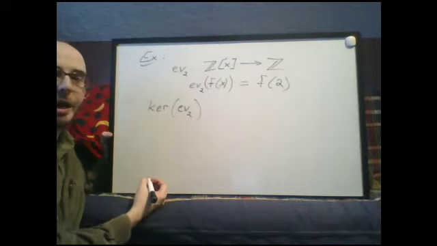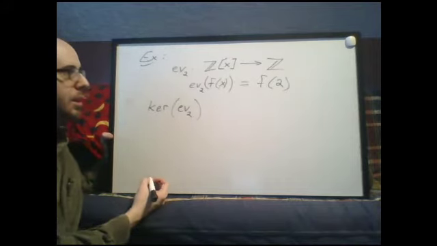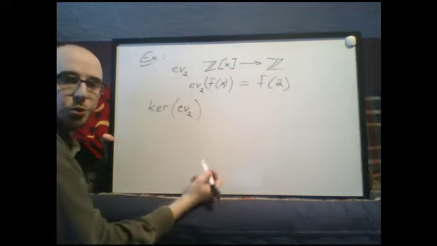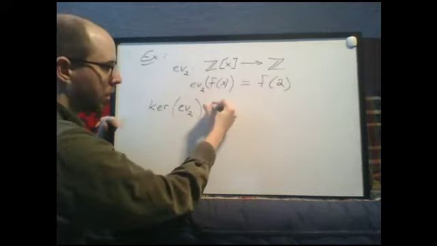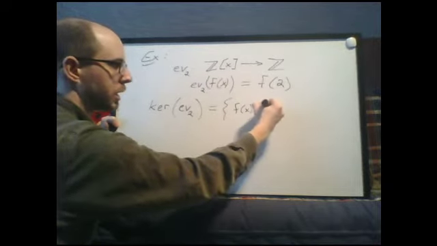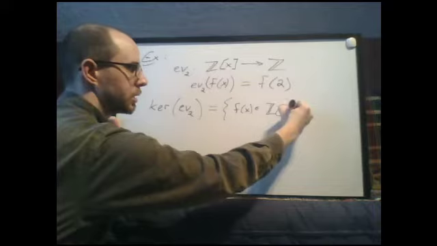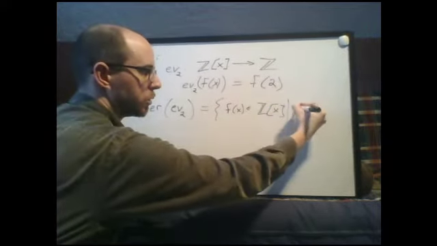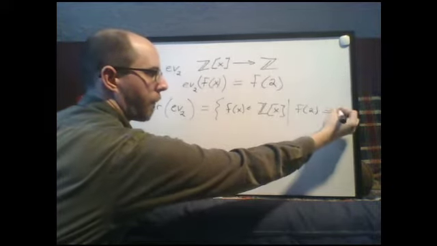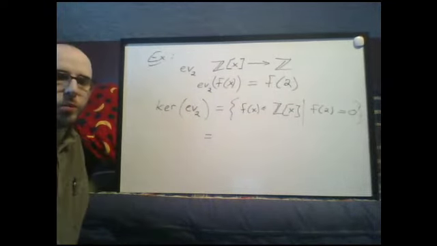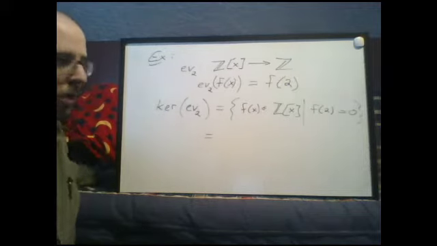So it would be the set of polynomials for which f of 2 is 0. So let me write that out. This would be all of the polynomials f of x in Z[x] such that f of 2 equals 0. We've seen this before a couple videos ago.